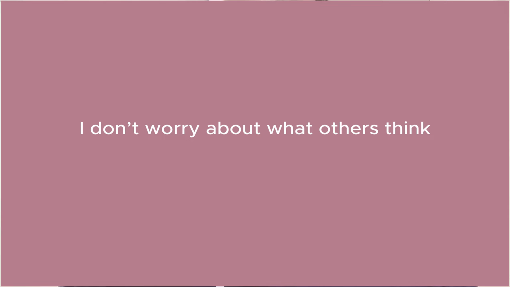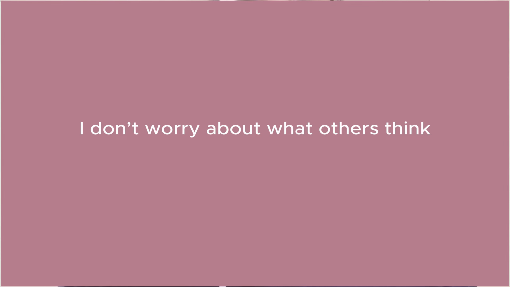We can also use noun clauses as objects of prepositions. I don't worry about what others think. I don't worry. It's a complete sentence. This is an independent clause. I don't actually need any more, but I want to tell you specifically what I don't worry about.